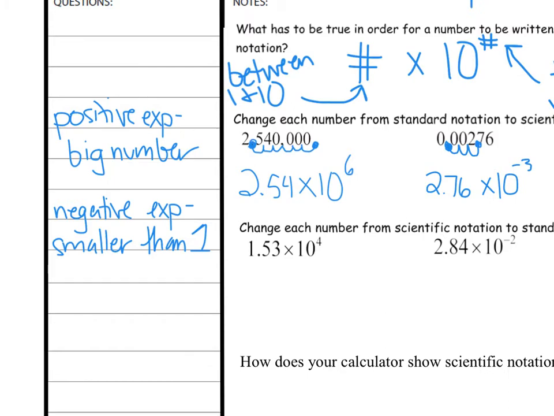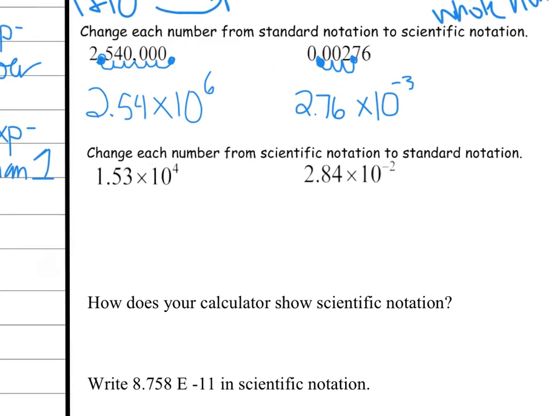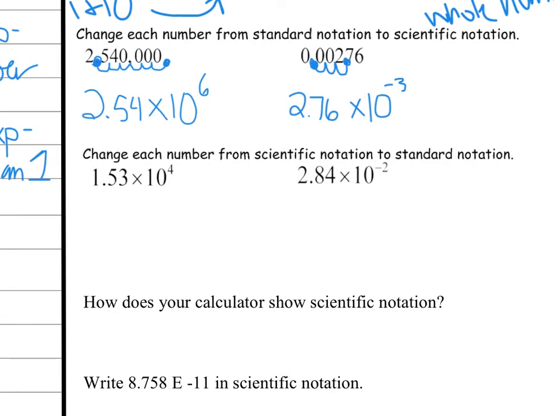Now I'm going to change numbers backwards, so from scientific notation back to regular looking numbers. I'm starting with 1.53 times 10 to the 4th. I'm going to write that number down one more time, and the 10 with the 4 tells me that I need to move this decimal place 4 times, and I need to make this number bigger because it's positive. So that means I'm going to move it to the right.